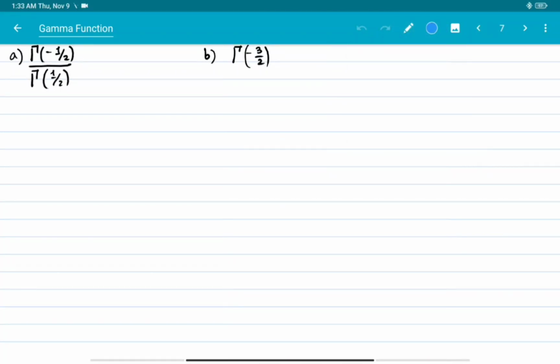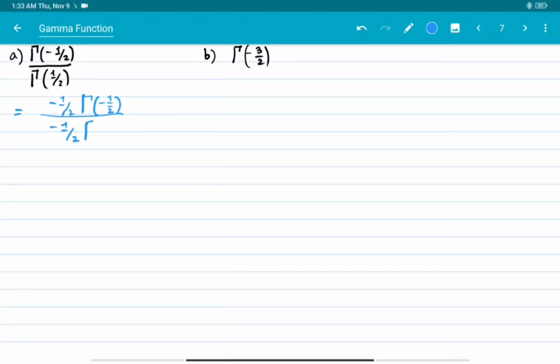Gamma of minus half, I multiply by minus half in both the numerator and the denominator.